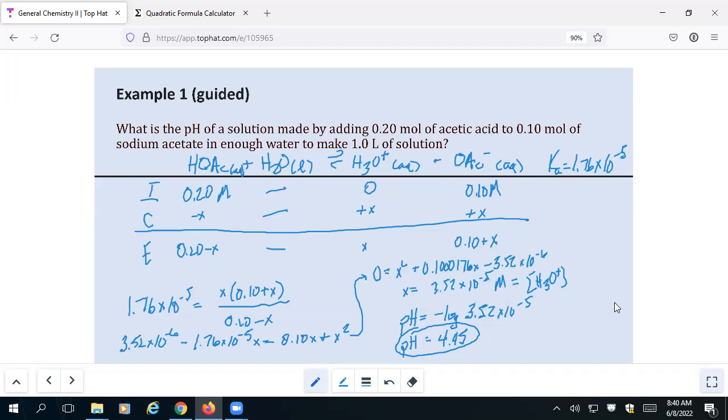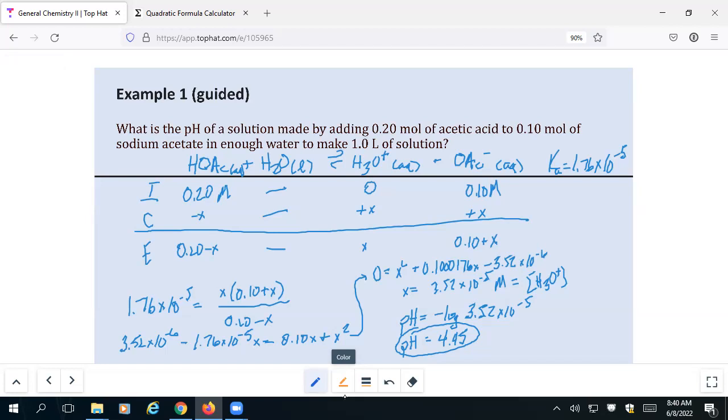Now, luckily for us, this would have been a situation we could have used the 5% approximation. And when you use 5% approximation in common ion effect problems, it doesn't just affect the minus x. It would also affect the plus x if that term is large enough as well.